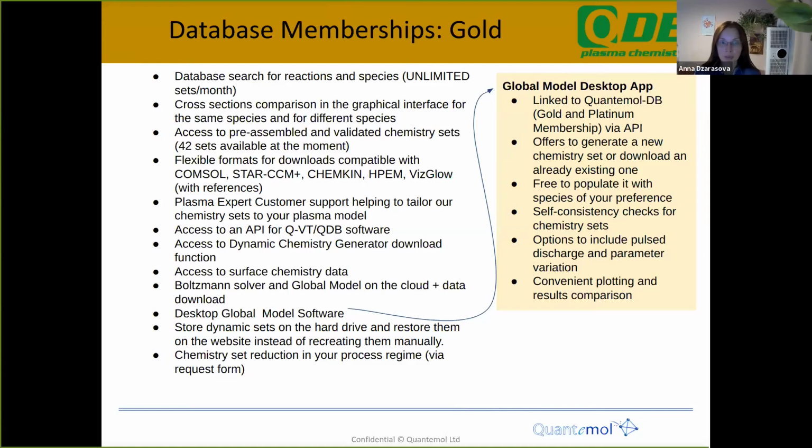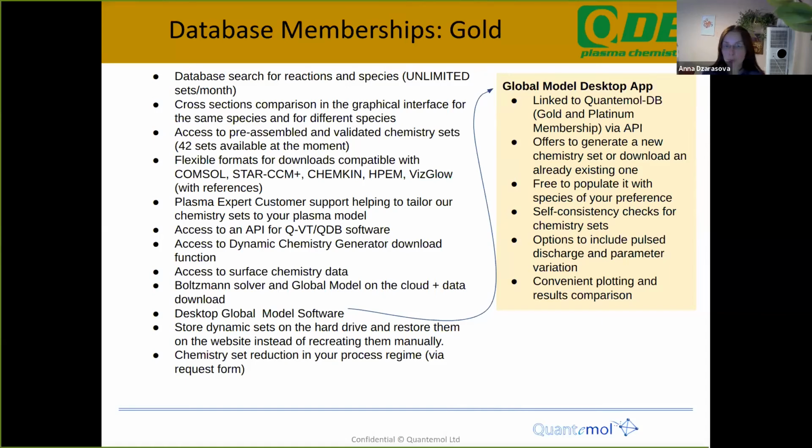There is an API, and this API is compatible with QVT, our software, or another software which I will mention later, the global model we provide with the membership. Additionally, this API can be used if you have your own bespoke software, so you can tailor it to work with this API. And you can also assemble chemistry sets, as I mentioned, with this dynamic chemistry generator, and then download them in a convenient format for you.